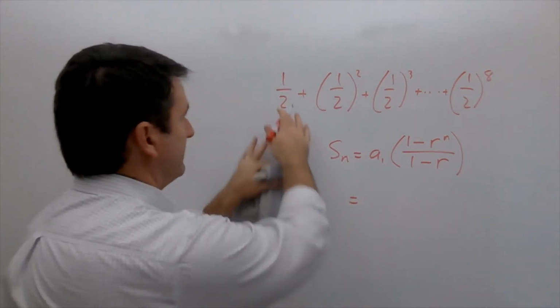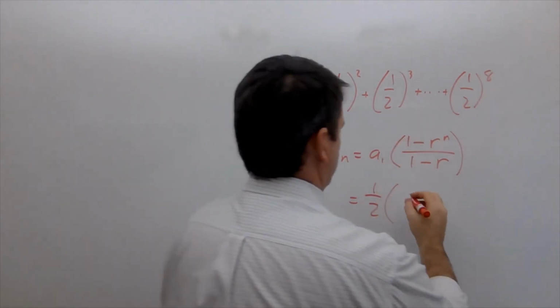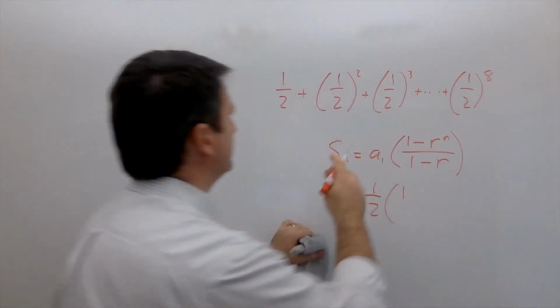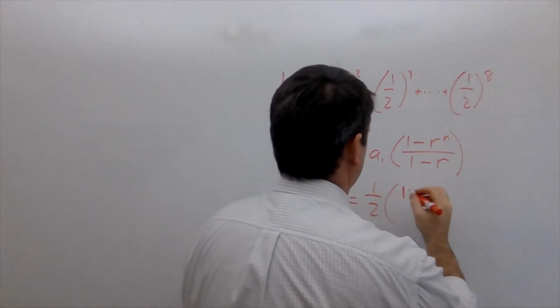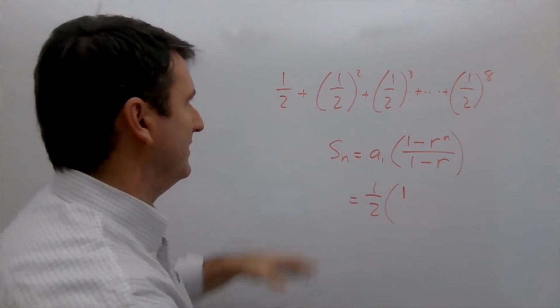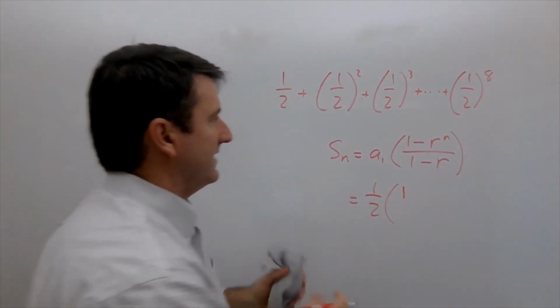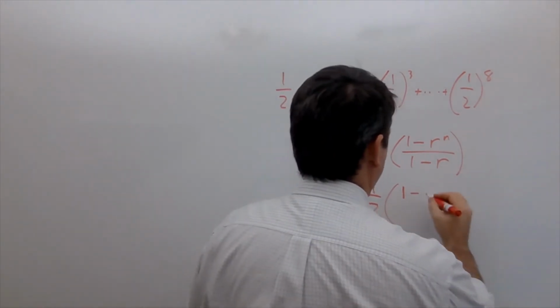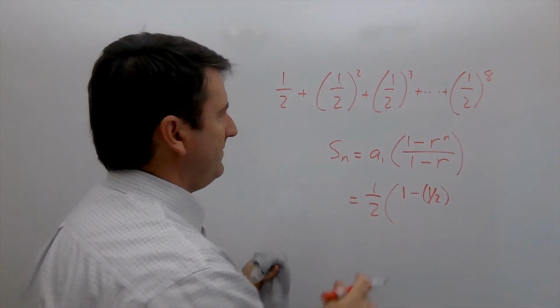And in this case, the first term is 1/2, and r is 1/2. That's the ratio, and they've kind of broken it down for us in this example. They've just given us this is r, what's inside the parentheses here, 1 minus 1/2 to the nth power.